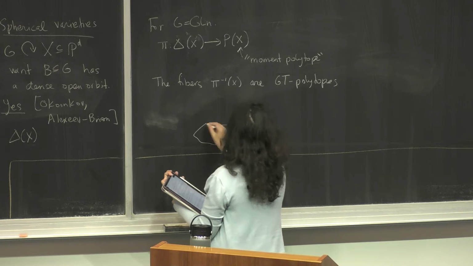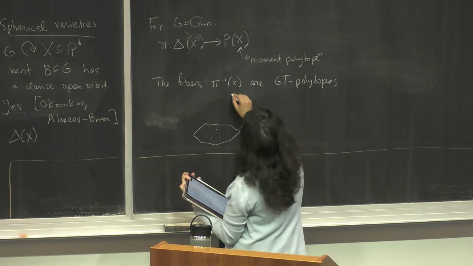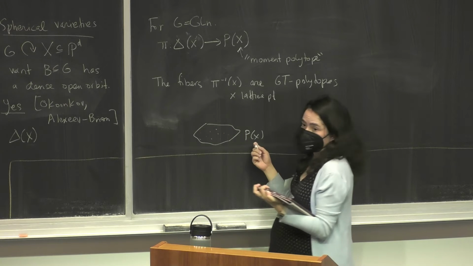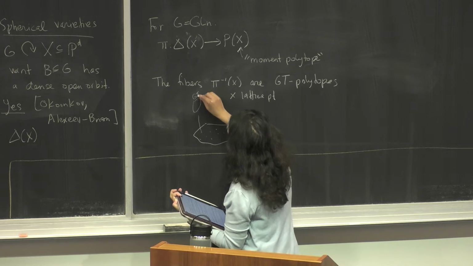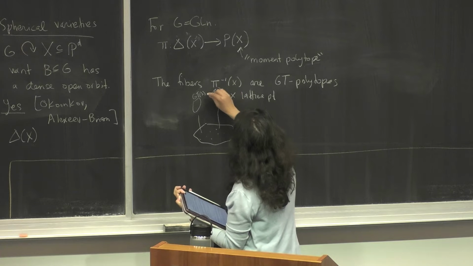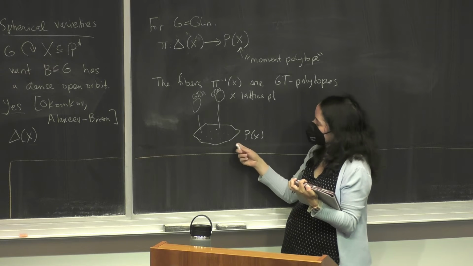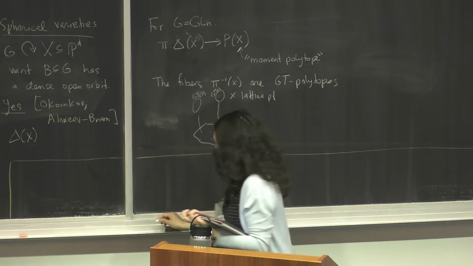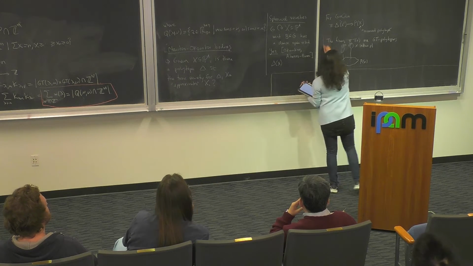So you can imagine that down here you have your P of X, and then the fibers over X where X is a lattice point. I'm only highlighting the lattice points of your moment polytope, and on top of them, you're going to have different Gelfand Tsetlin polytopes, different lambdas. You should remember this picture because I'll highlight it: this and that will show up in our theorem.